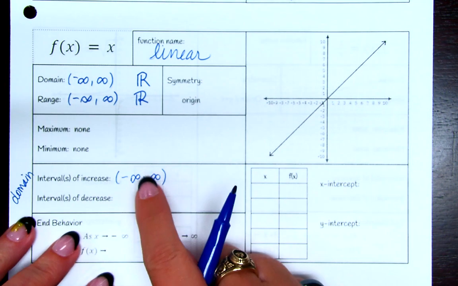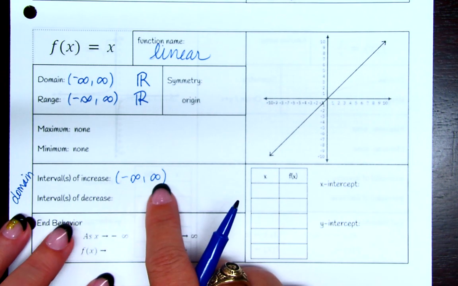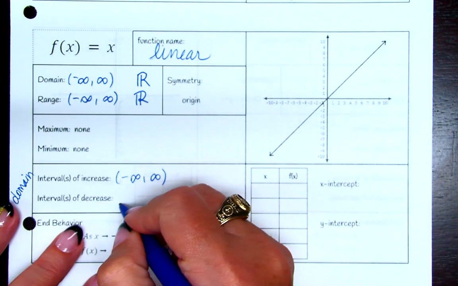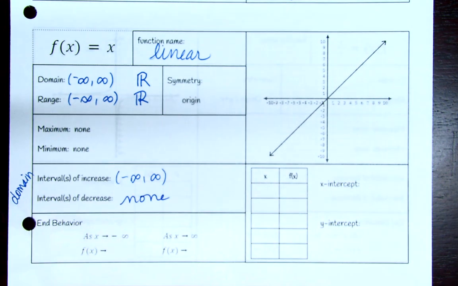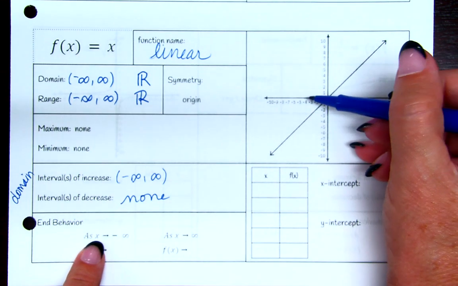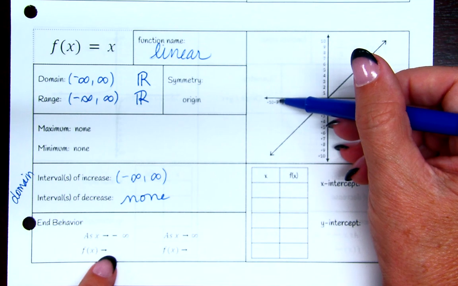And if I'm increasing everywhere, where am I decreasing? Nowhere, right? So there's no intervals of decrease for this graph. As the x's are moving to the left, where are the y's going?